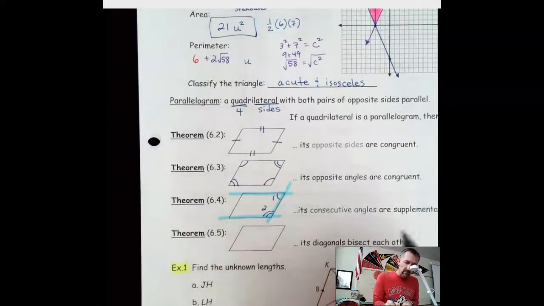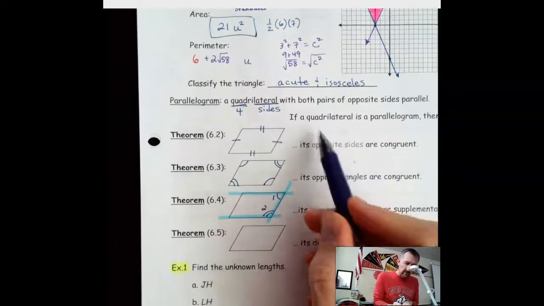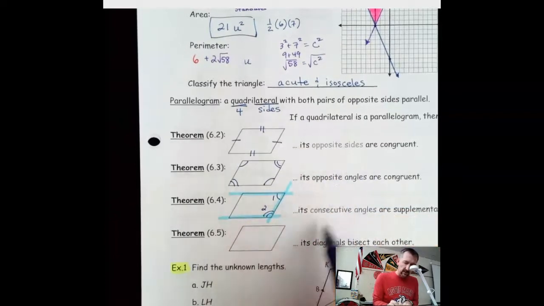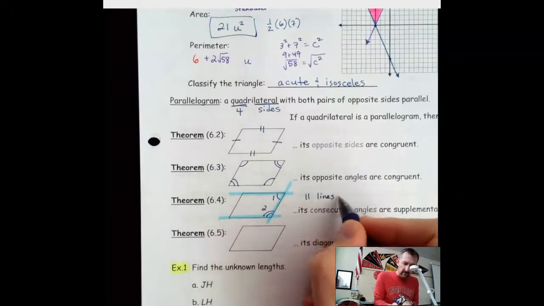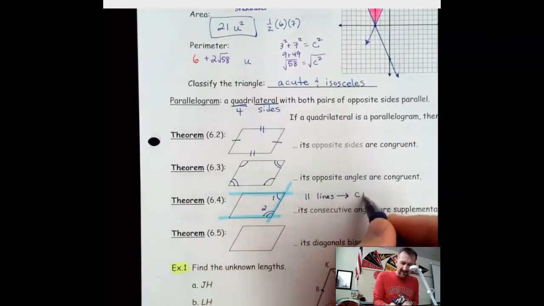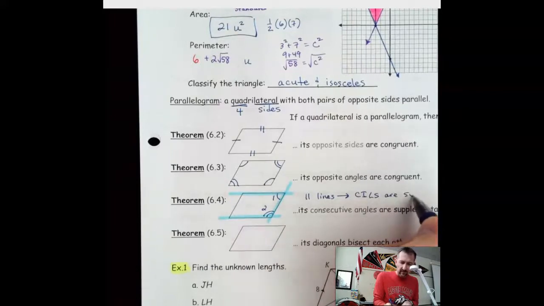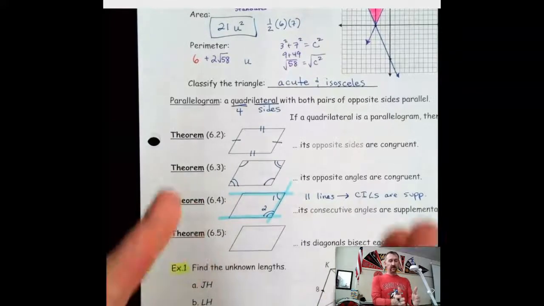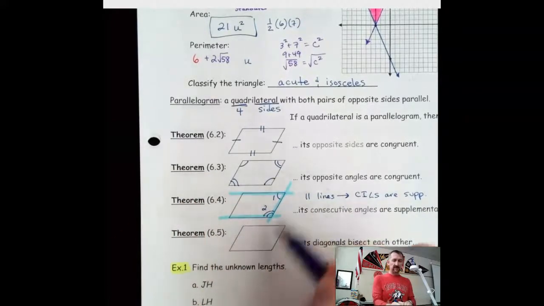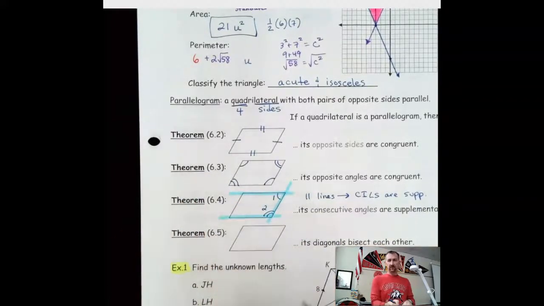So that could be that, this could be this. So parallel lines means that consecutive interior angles are supplementary. And we could switch that, and we look at these two sides being parallel, and that being a transversal, and we could apply this to all the angles.